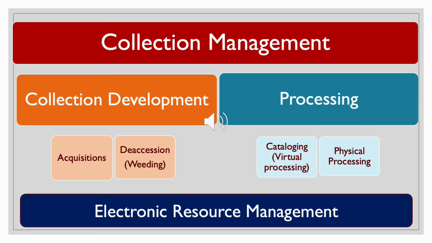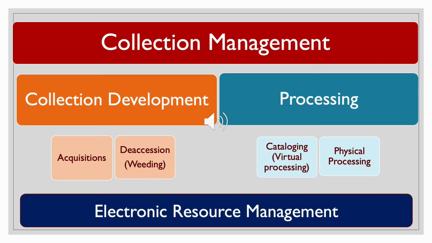This refers to how libraries determine what their collection will look like, and can be seen through two main processes: acquisitions, which means acquiring materials, and then deaccession, or weeding, which is getting rid of materials. Then there's processing. Processing happens after an item is brought into the library or if it is leaving the library.